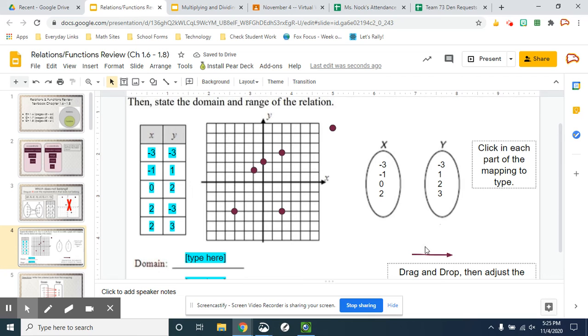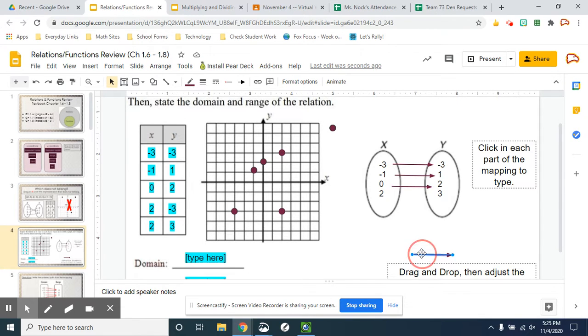So now we need to make sure that they are pointing at their correct partner. And remember, this is really useful for determining if it's a function or not, because you can see if an input has more than one output. So -3 needs to point at -3. -1 needs to point at 1. 0 needs to point at 2. I'm getting this just directly from the table or from the ordered pairs if I wanted to scroll back up.